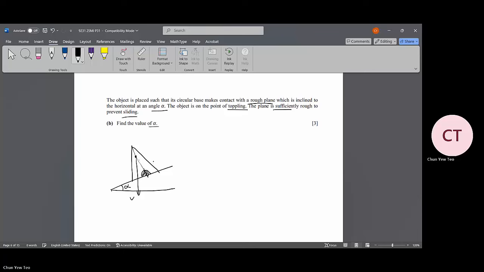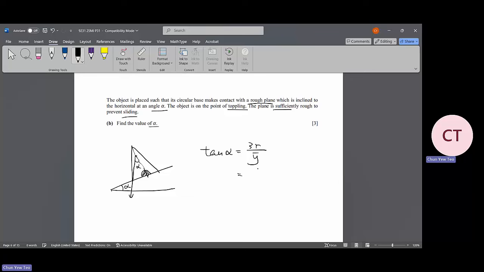Okay, so this will be your weight. Center of mass, vertically go down. So what you need to do, it will pass through the corner. So this is the alpha as well. To find the value of alpha, tangent alpha is actually the base divided by bar y.